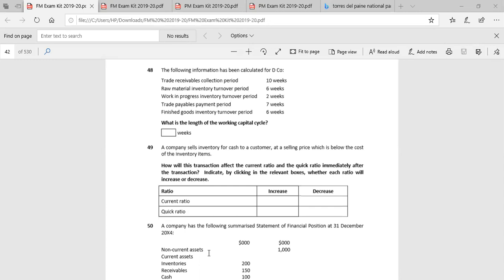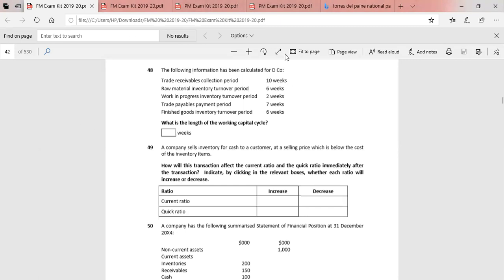17 weeks. Okay, how 17 weeks? Please elaborate on the answer. Ma'am, we will add up the trade receivable collection period plus the inventory turnover period, that is raw material inventory turnover period plus work in progress plus finished goods, minus trade payable payment.